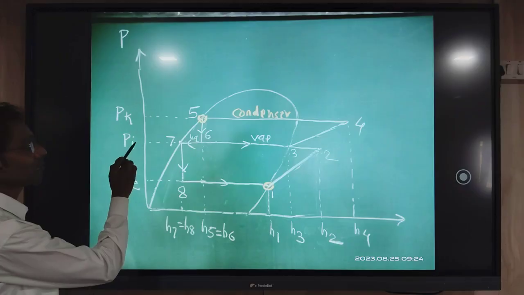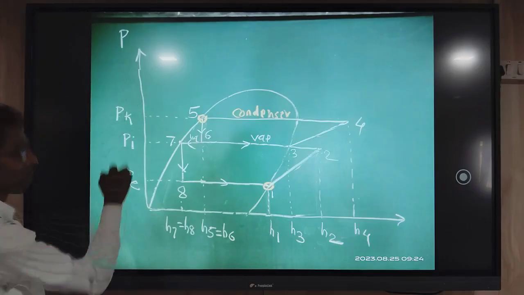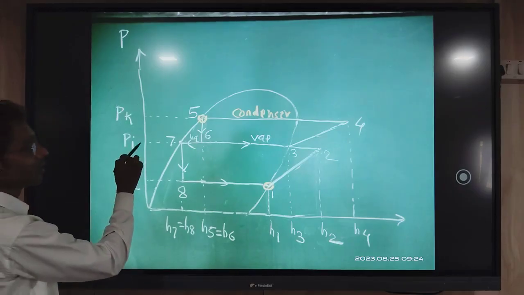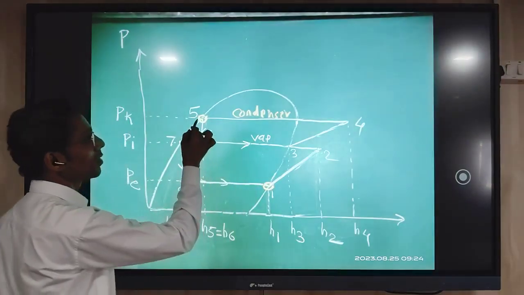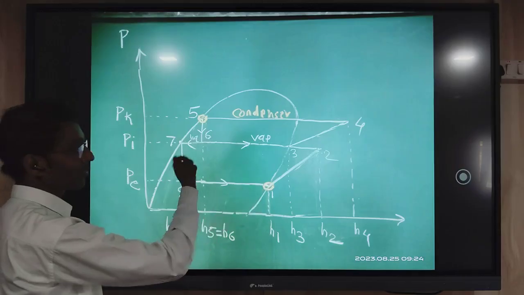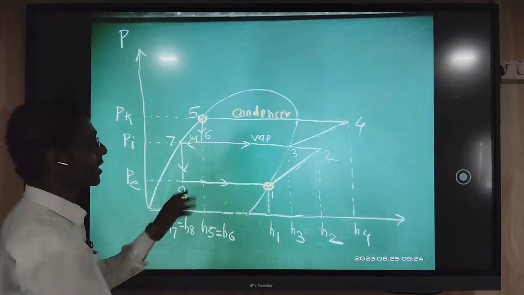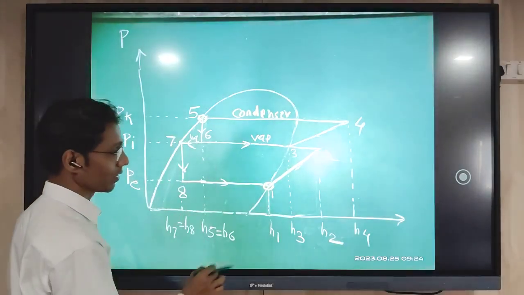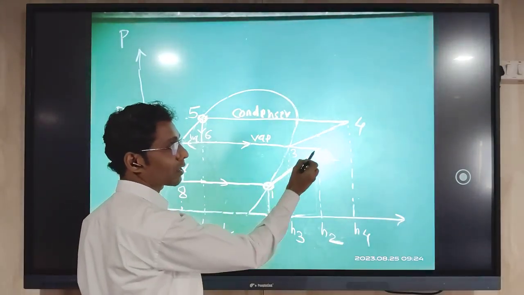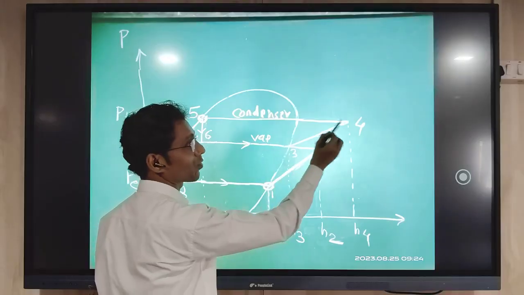So with the help of that pressure value, on the pressure scale of this p-h chart, we can take reference and draw this line. Then from these points we draw the remaining lines, that is vertical line, horizontal line, and from 1 an isentropic line, from 3 an isentropic line.